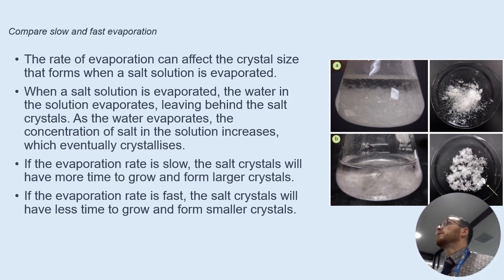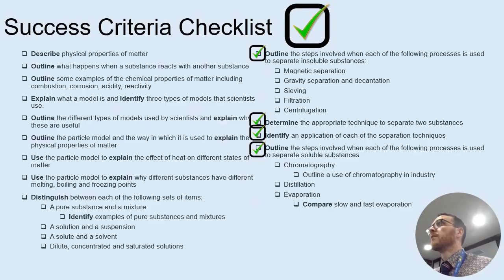If we're simply wanting to vaporize salt, we may want to do that quickly for industrial and commercial benefit. It's still the same material, just its physical form is different.